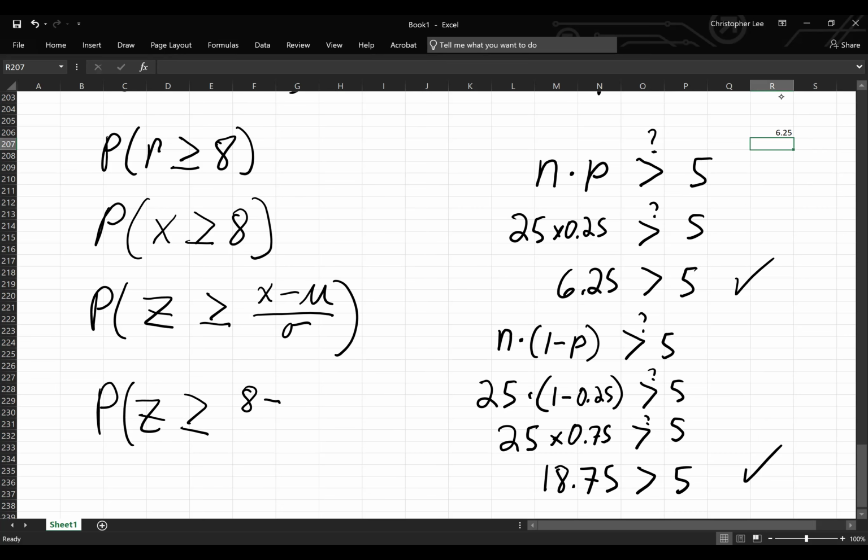But what's my mean? For a binomial distribution, how do I find the mean? What's the formula for the mean in a binomial distribution? It's in chapter 6.